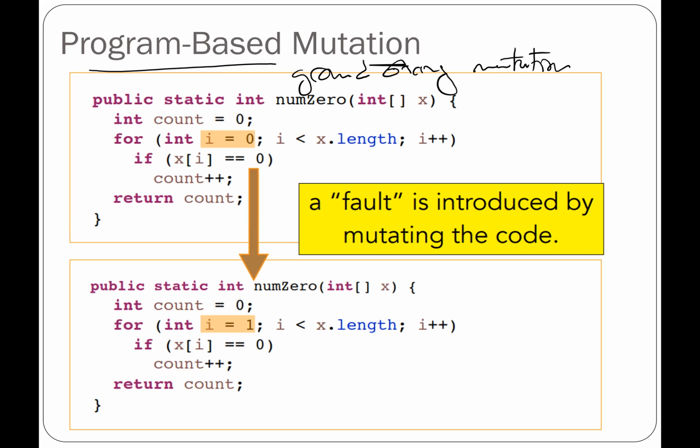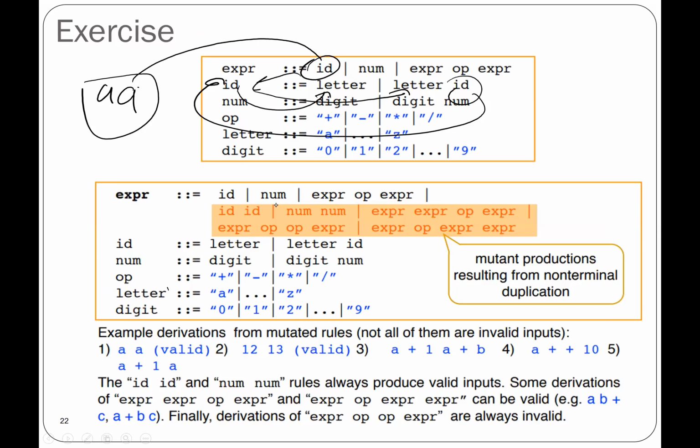And the same concept applies when we were dealing with the change in the grammar. When I had something like the AA over here, or 1213, I'm producing the same output. How? With the original grammar, AA would have passed by the compiler.